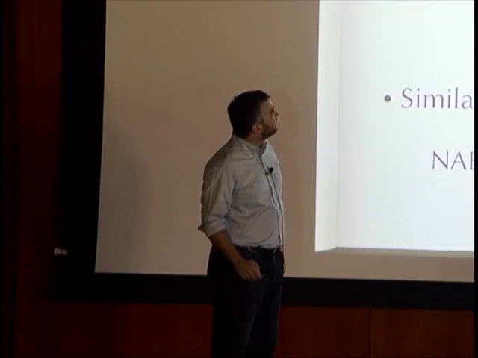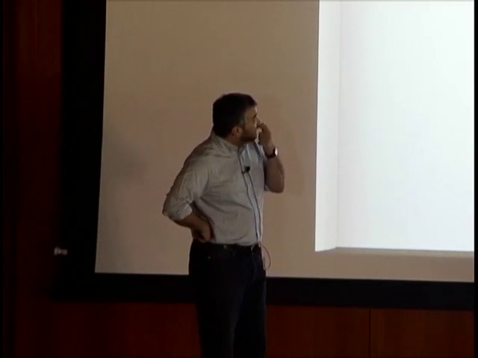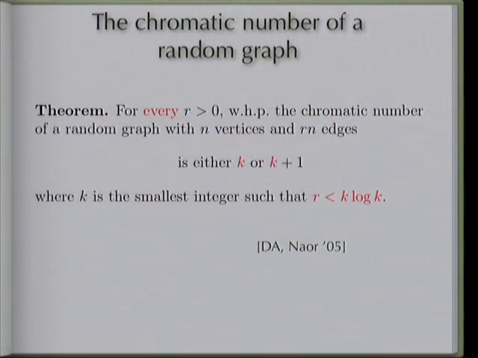So here's a theorem which demonstrates that in some aspects, we have significant control over such structures. It basically says that if you have a random graph with bounded average degree, we essentially know what its chromatic number is up to 1.